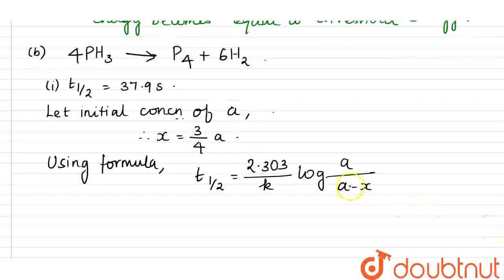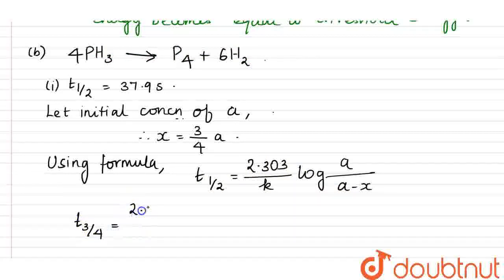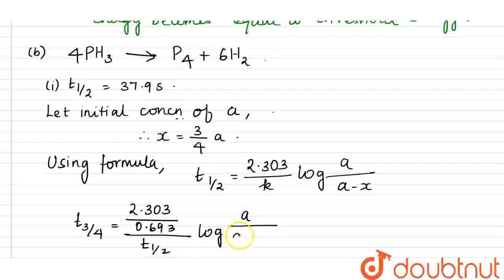So here t 3/4 will be, we are going to substitute the values, 2.303 divided by 0.693 divided by t half, log of a divided by a minus 3 by 4 a. Here k will be equal to 0.693 divided by t half.